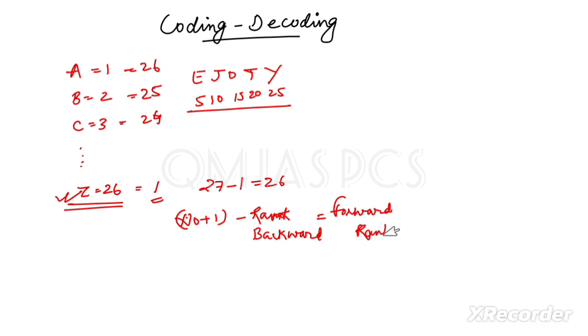Clear? So like this we can understand. This is for alphabets. Why am I saying this? Because in coding and decoding it will be important for you. This is the first important thing.